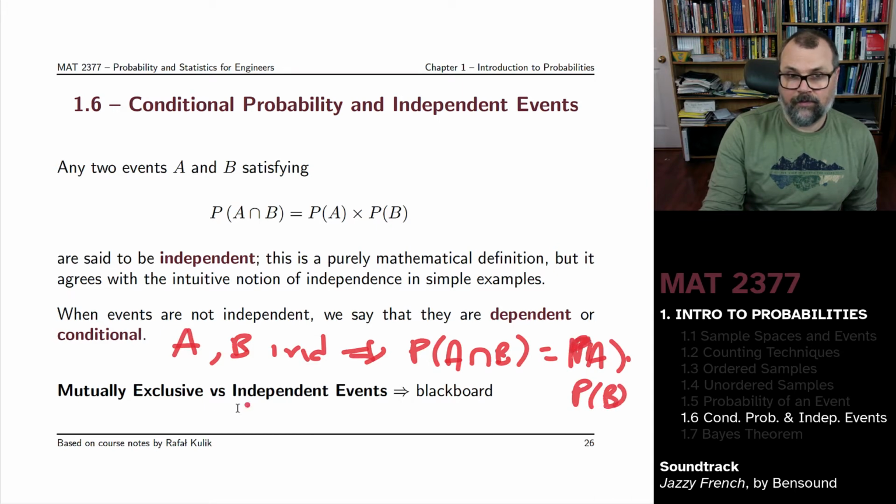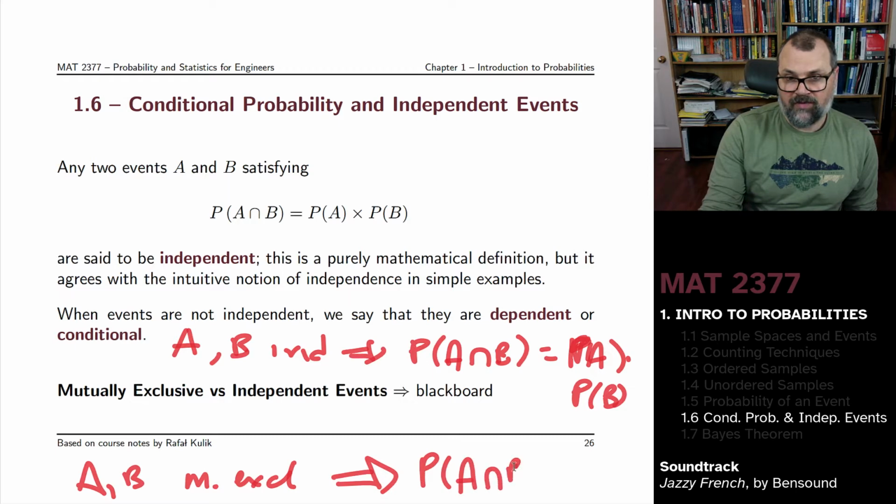If they're mutually exclusive, the probability of their intersection is 0.